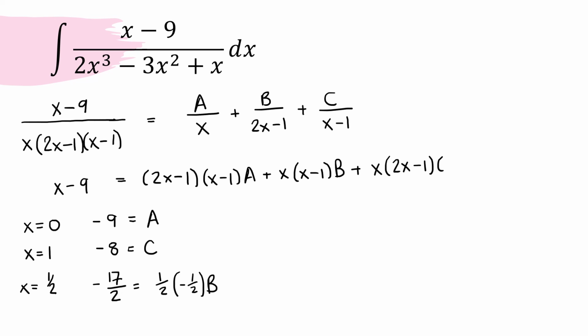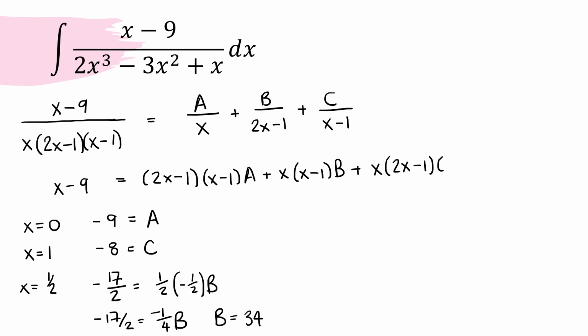We end up with negative 17 over 2 equals 1/4 b. Wait a second, I forgot the negative on that. But basically we're going to end up with b is equal to, oh, yuck, 34.